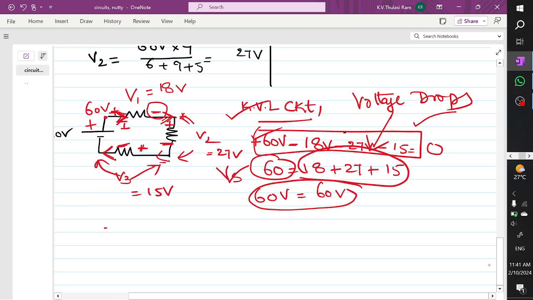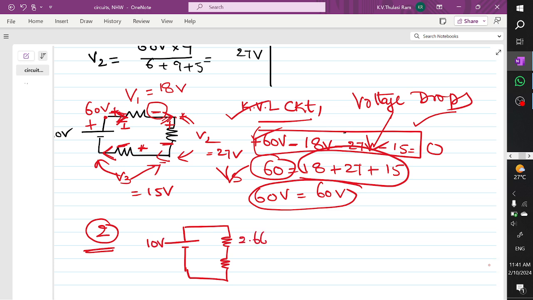Let's try to do a second numerical. So coming to the second numerical, a voltage source is given like this, and a series resistor 1 is given, one more resistor is given, and the applied voltage is 10 volts. This is 2.66 ohms, this is 1.33 ohms.